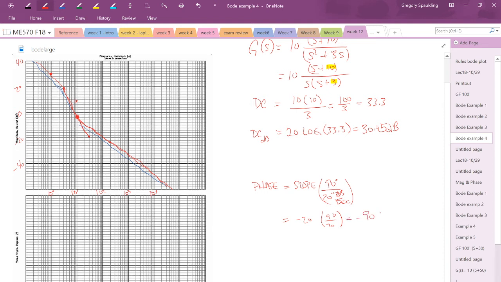The second section is minus 40 times 90 over 20, so it's actually minus 180. And the third section is back to minus 20 again.